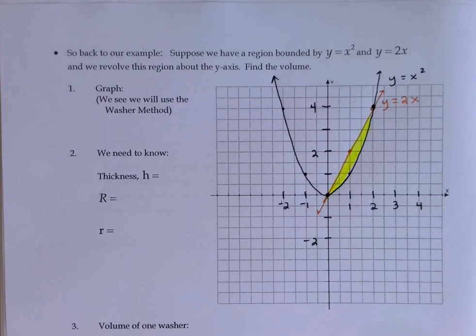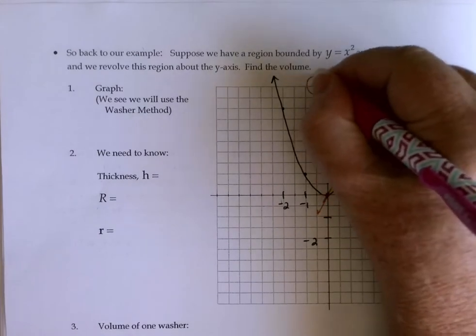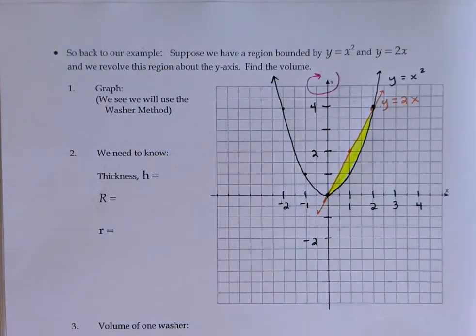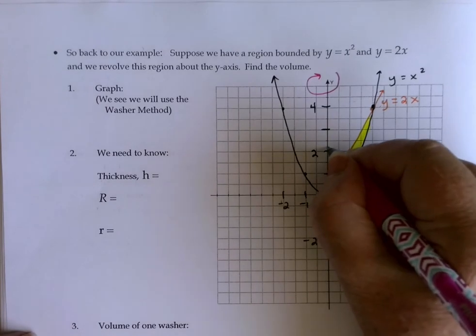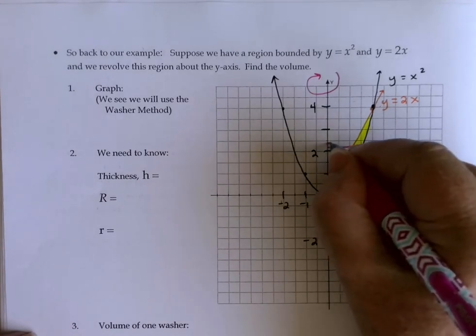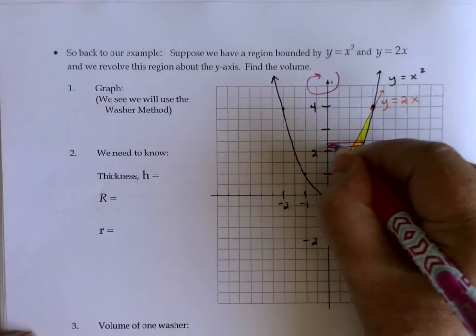All right. We are rotating around the y-axis, so we're going around this way. And that means that I need to use horizontal rectangles. Again, they always have to be perpendicular to the axis of rotation. So I'm going to say my large radius goes from the axis of rotation all the way out to the outer edge.